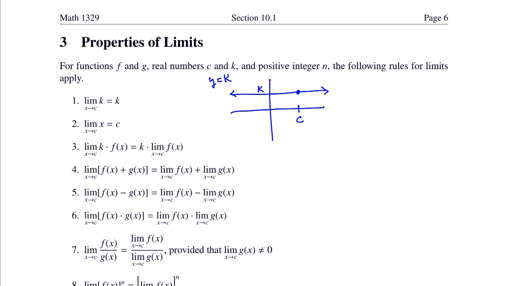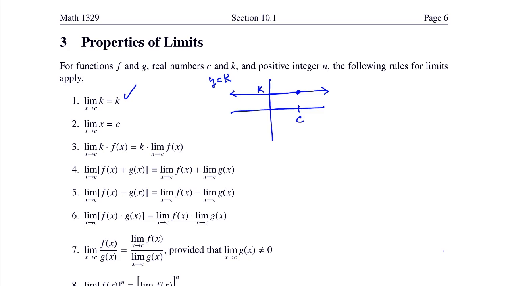If you come in from the left, the y value you get to is k. If you come in from the right, the y value you get to is also k. So the two left and right side limits are both k. So the whole limit is k. In other words, there's nothing else going on but the value k. And then that's it.